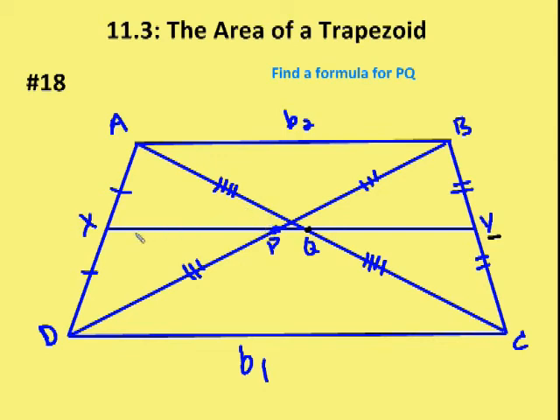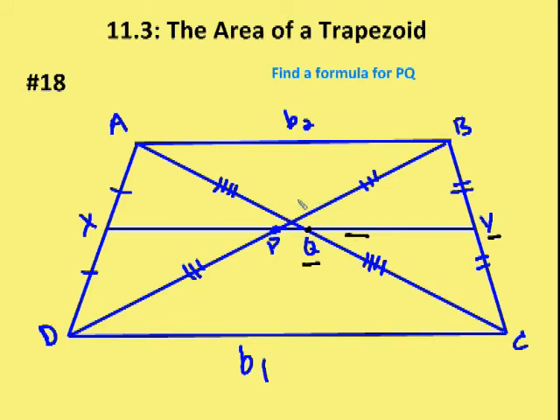Well, I also know that P is the midpoint of DB, and I know that Q is the midpoint of AC. So by the midline theorem, I know that XP is going to be half of AB, and also QY is going to be half of AB, or B2 as well.